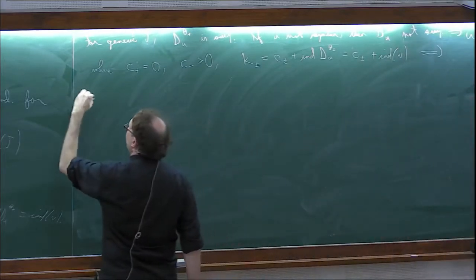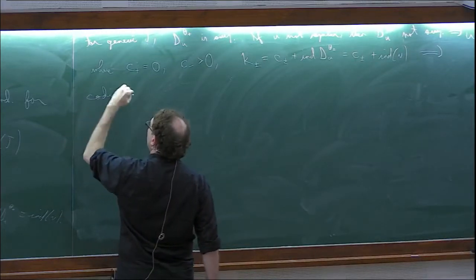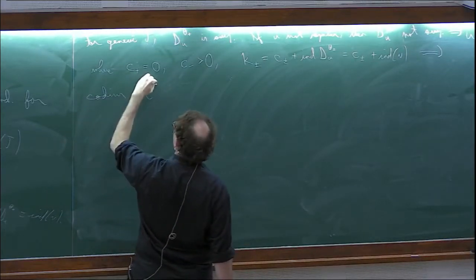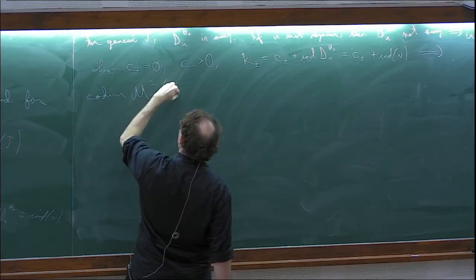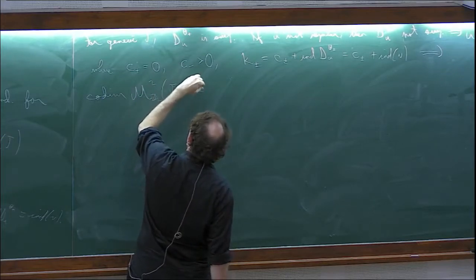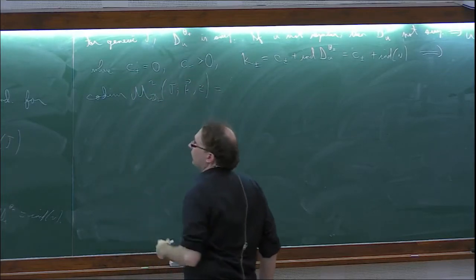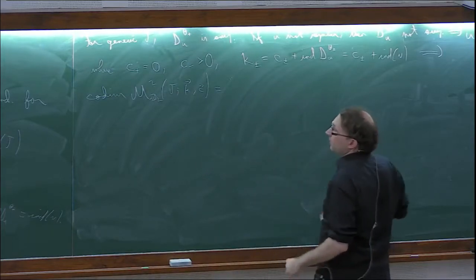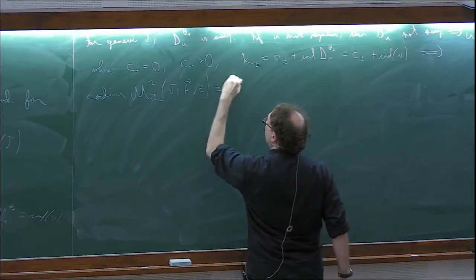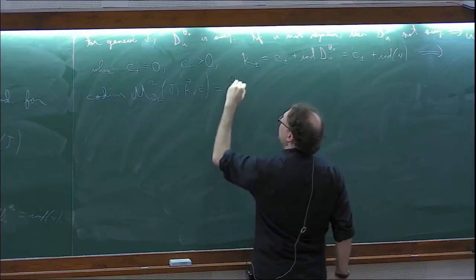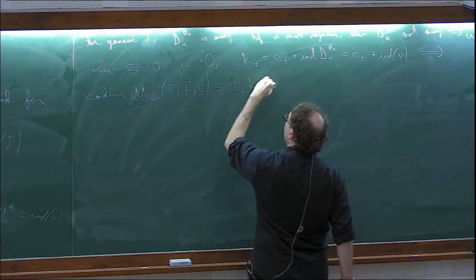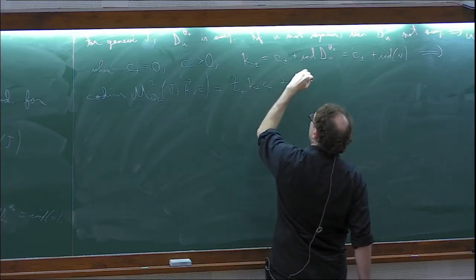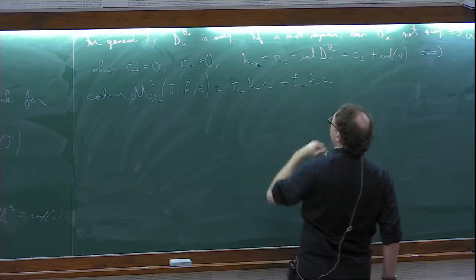So the codimension of this moduli space, according to that formula over there, is going to be some number T plus times K plus C plus, plus T minus K minus C minus.